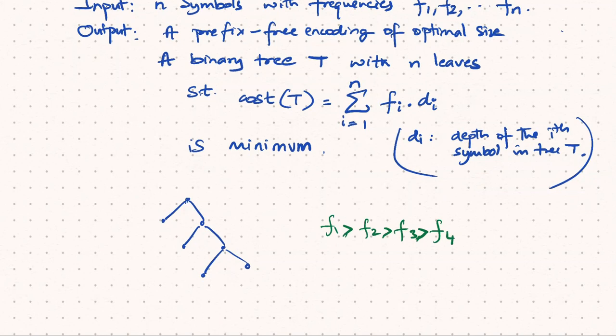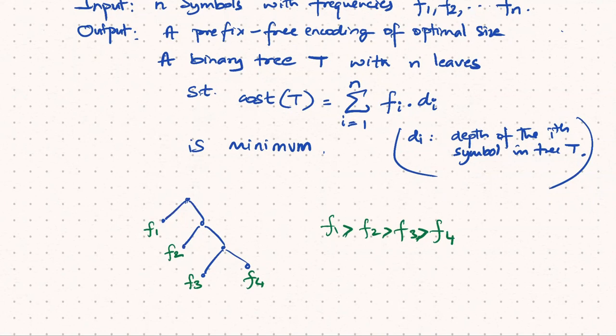Smaller encodings in this case would correspond to higher positions in the tree. So we would put F1 at the top here, then the next highest position leaf would be here, and then F3 and F4.